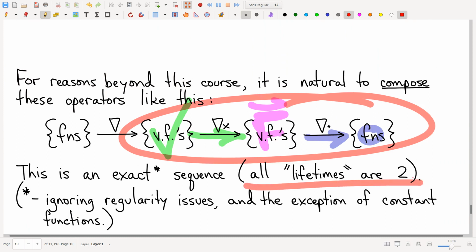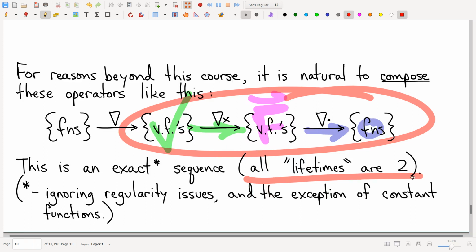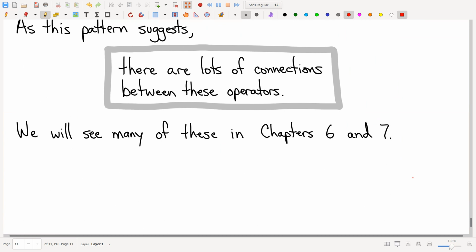So again, more details on this when we get into chapters 6 and 7. But what I hope I have persuaded you is that these operators, composed in this order, wow, that's pretty wild that stuff happens, nice coincidences come up, and that this is ultimately very natural. Okay, so lots to discover later on.